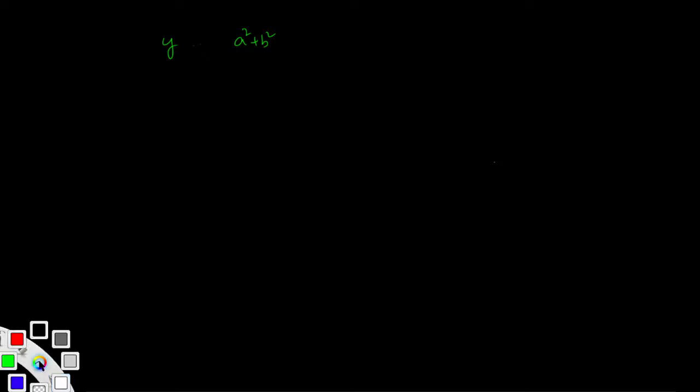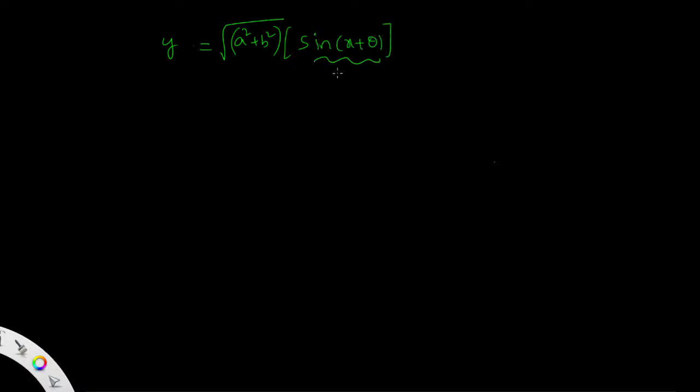We got the value as root of a square plus b square into sin of x plus theta. Here this value belongs to minus 1 to plus 1. So then y belongs to root of a square plus b square into minus 1, and also root of a square plus b square into 1. The minimum value of sin is minus 1 and the maximum is plus 1.